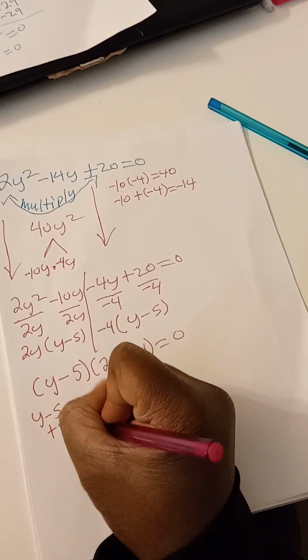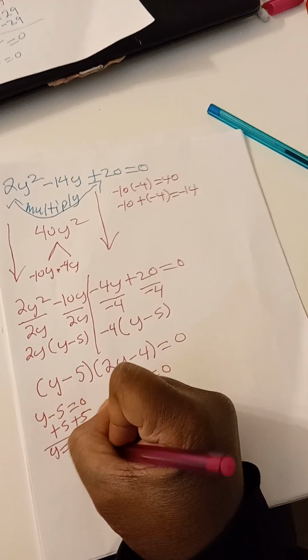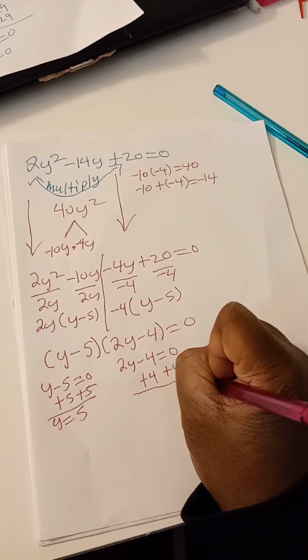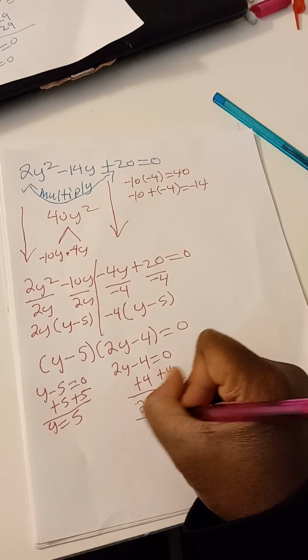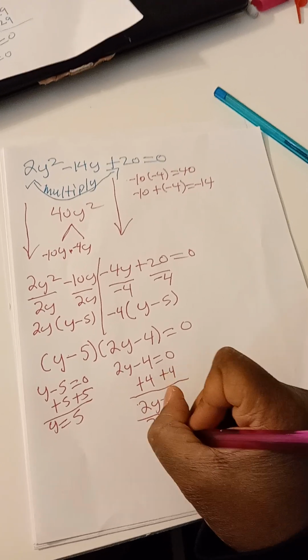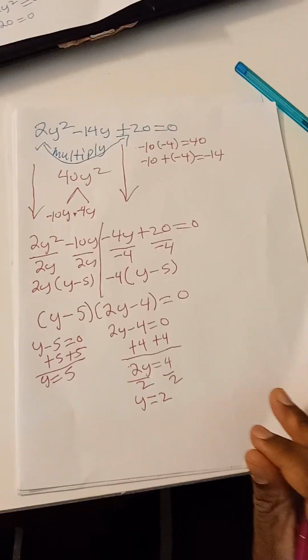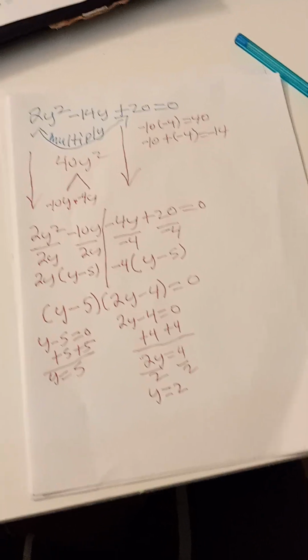We add 5 to both sides, so y is equal to 5, and we add 4 to both sides, so 2y is equal to 4, and then divide both sides by 2, and y is equal to 2. So we are in business now. We have y equals 5 and y equals 2.